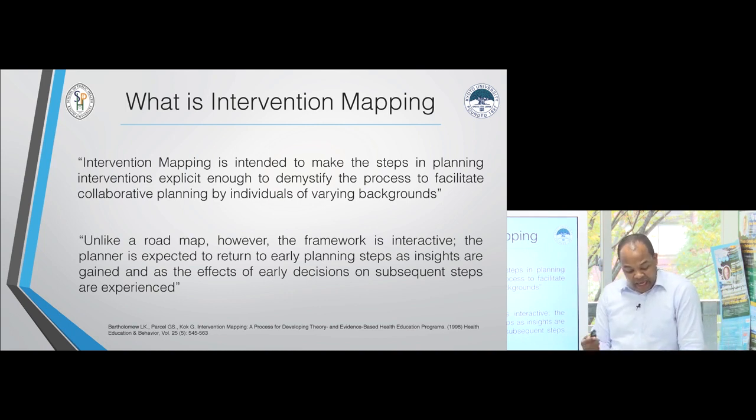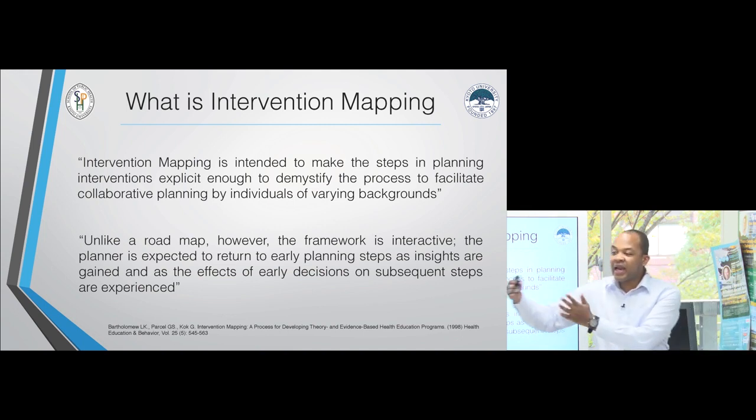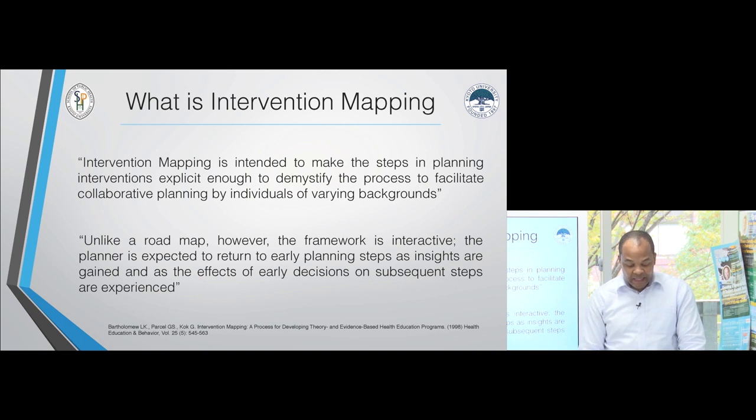And then they say that unlike a roadmap or a guideline, the framework is interactive. The planner is expected to return to earlier steps in the planning stage, even if they're in the last stage, to refine what they have already done in previous steps, such that they improve as they go.